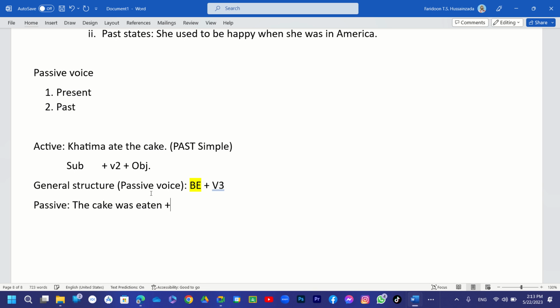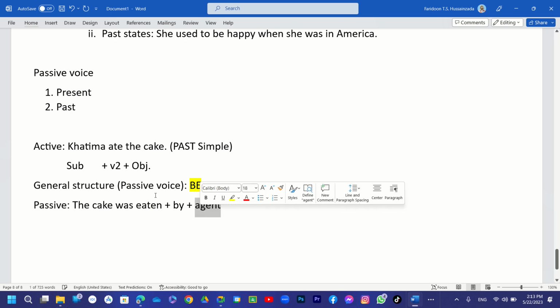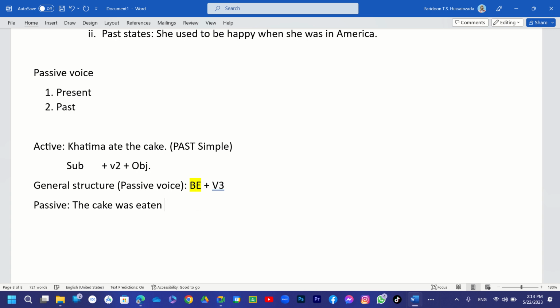It's adding by plus agent. Agent is the subject of your active sentence. So it can be was eaten by Fatima. But if you don't write by Fatima, no one is going to say anything because your sentence is not wrong. Any questions?